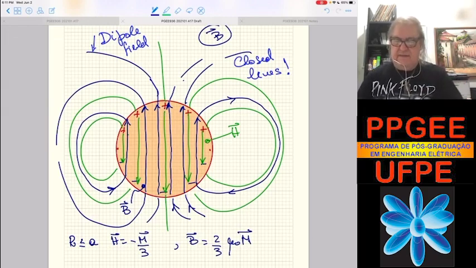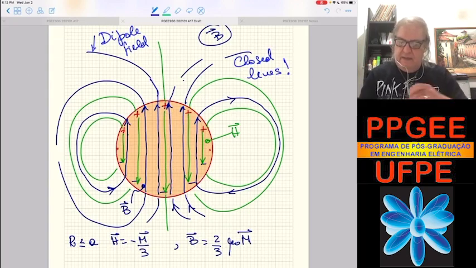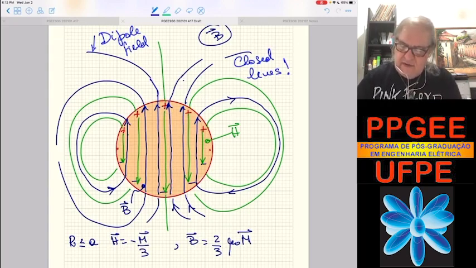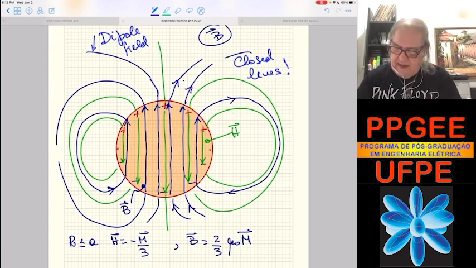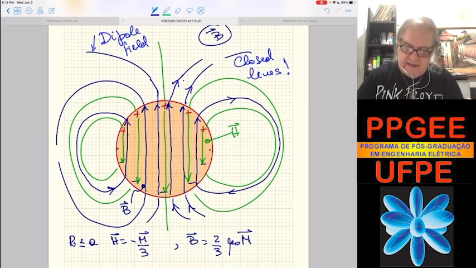Oops, my pencil just went off. Just to conclude, the B field is like this, as I drew it. Okay, yeah, this is correct. This is correct, like this.